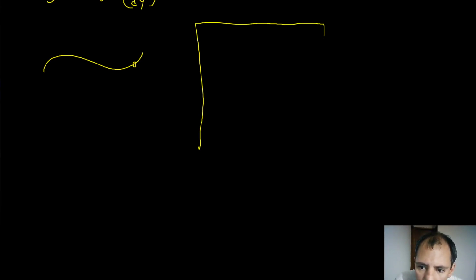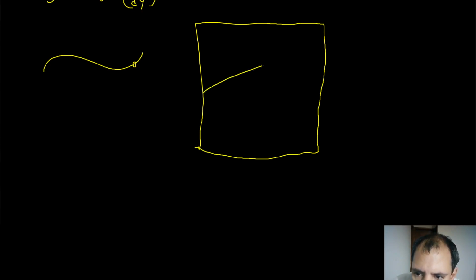Remember that when you have something like this and you zoom in on a very small square, and you zoom that out, you have this little area. It's going to go from here all the way down there.